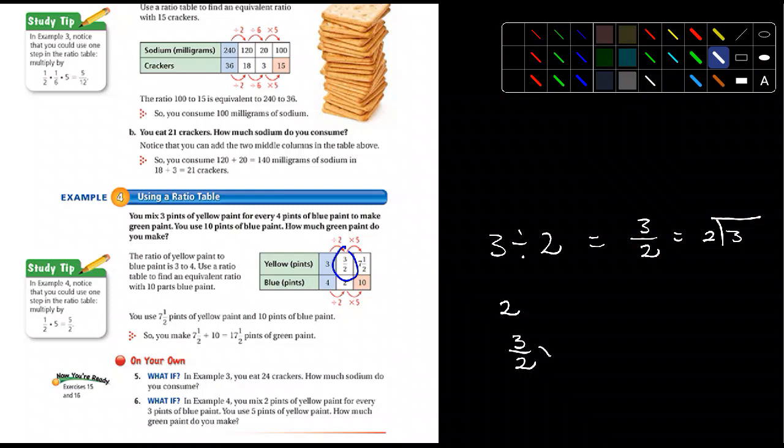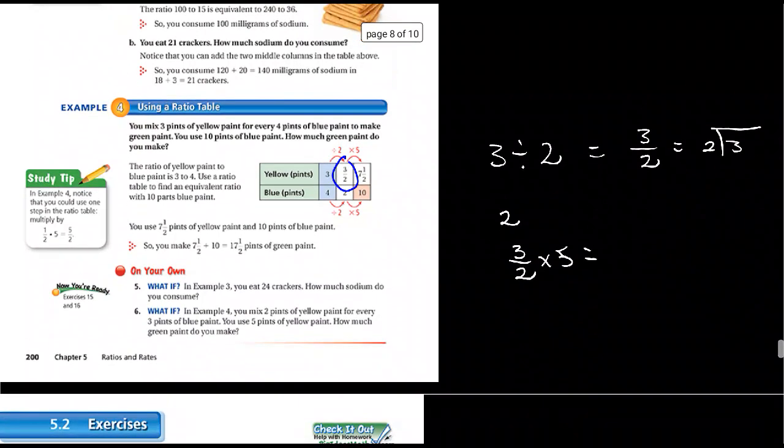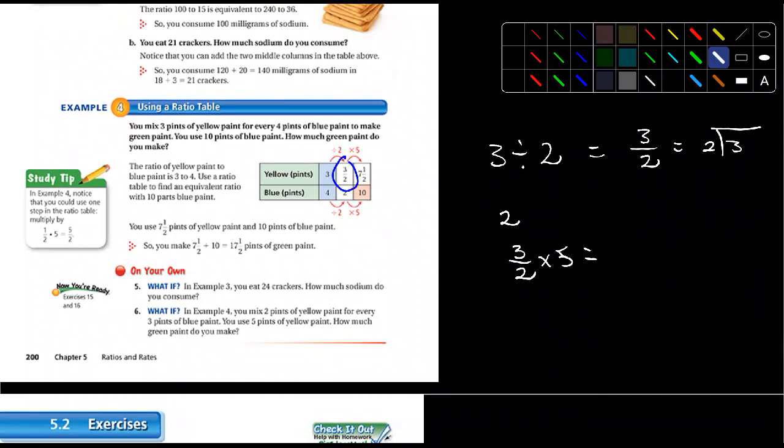3/2 being multiplied by 5. Hopefully you guys remember how to do that. So let's do that. What's 3/2 times 5? What's the first thing we need to do?